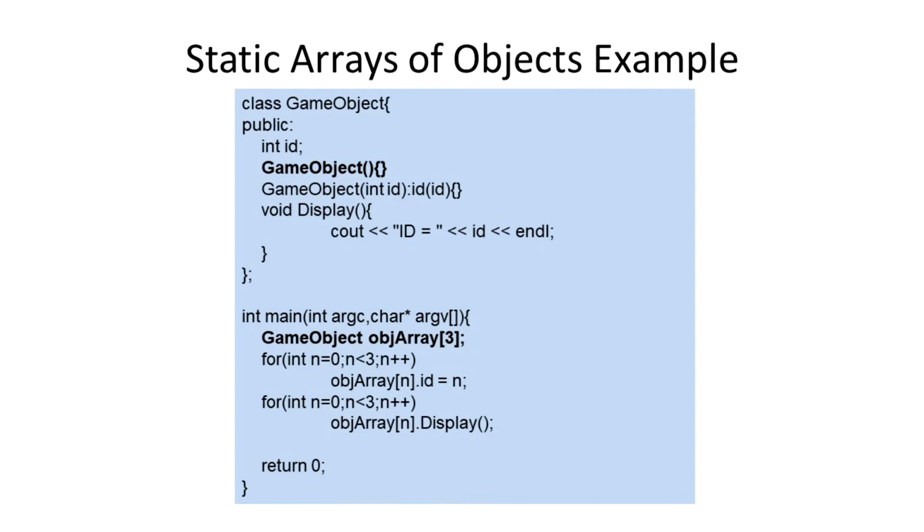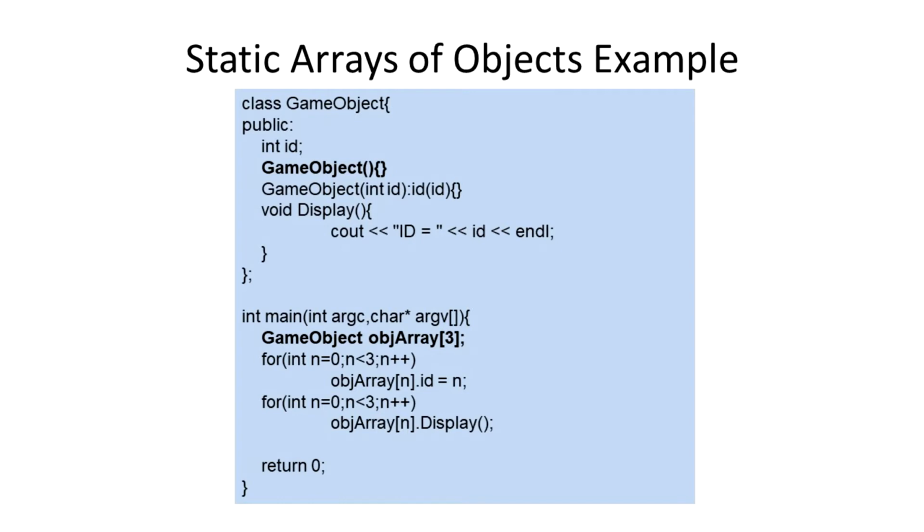And the first for loop underneath that is where we loop through each of those 3 elements, starting at 0. You'll see the loop counter there, int n, starts at 0, and then refers to the 0th element, which is the first element of the array. And then notice there, within the loop, we say dot ID. We use the dot operator to refer to the ID member of that particular element, which is an object.